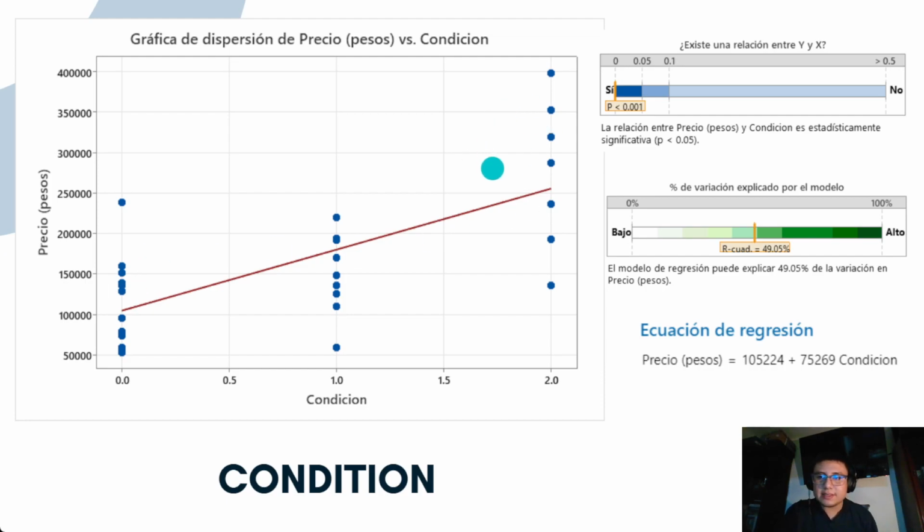The p-value is less than 0.05, which tells us it is statistically significant. The R squared is 49.05%, so it is not a great approximation of the car's price, but it might be one that you might consider as well.